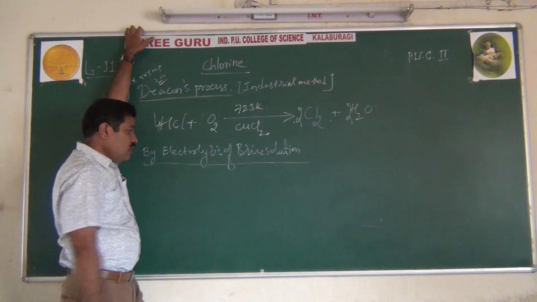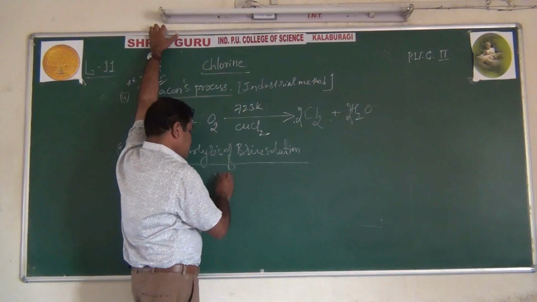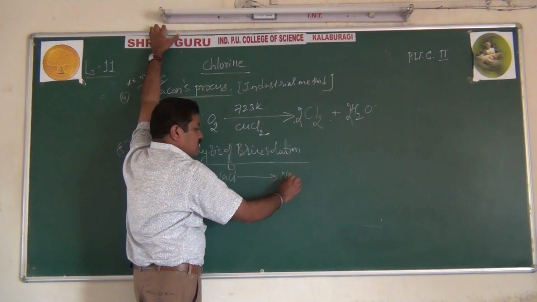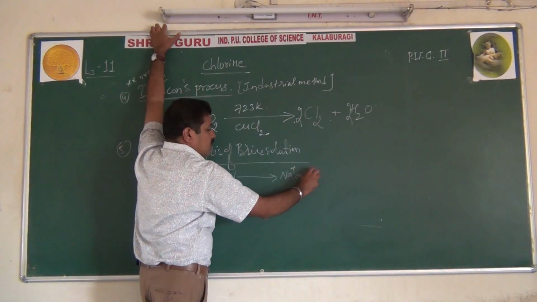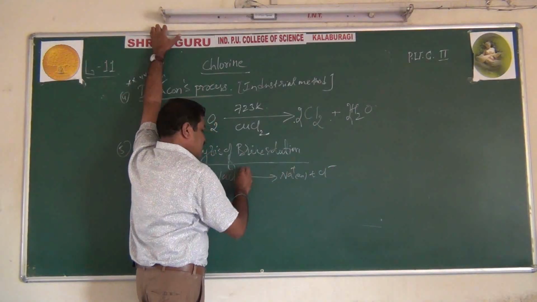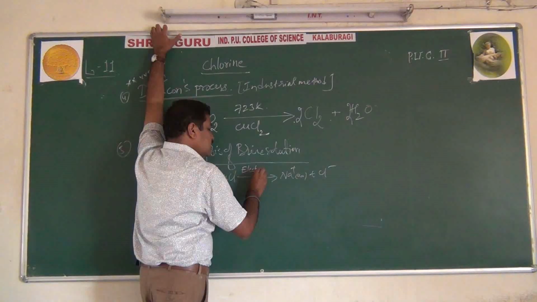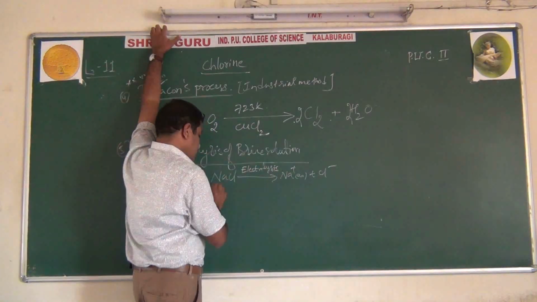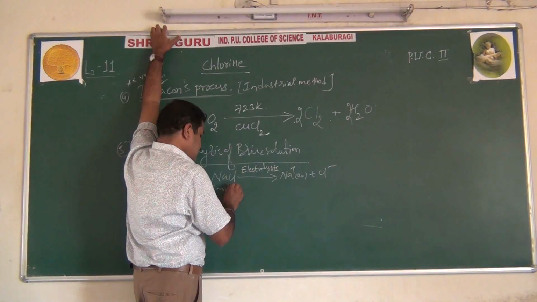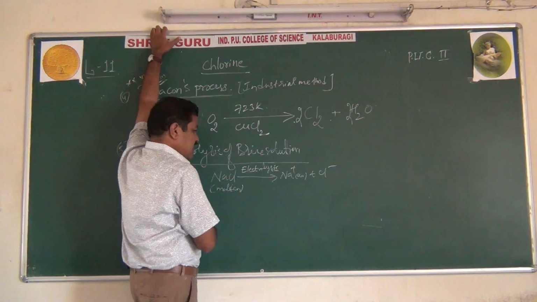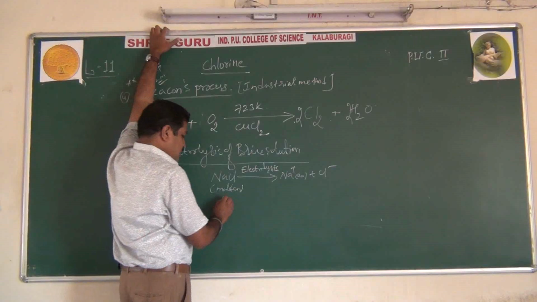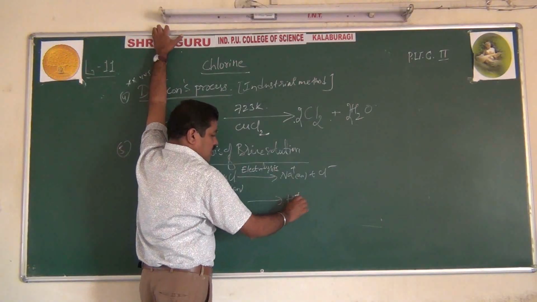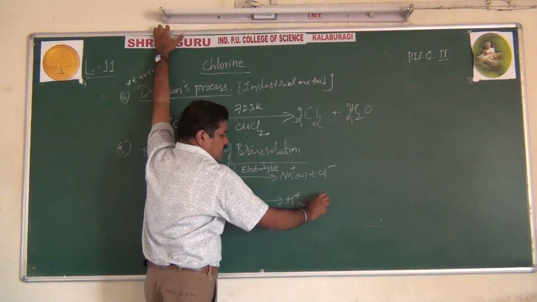Okay, so generally sodium chloride brine solution on electrolysis gives Na plus aqueous, Cl minus aqueous. This is not molten, because it is 10% aqueous solution. Even water also gets dissociated to form H plus aqueous, OH minus.